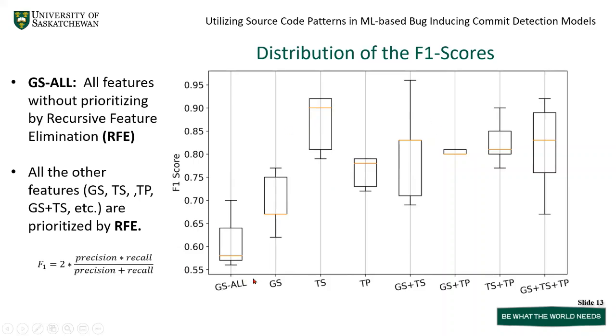From this scenario, we can say that the use of token sequence and token patterns provides better F1 scores in all the cases, compared to when we only use GitHub statistics features without prioritizing them.